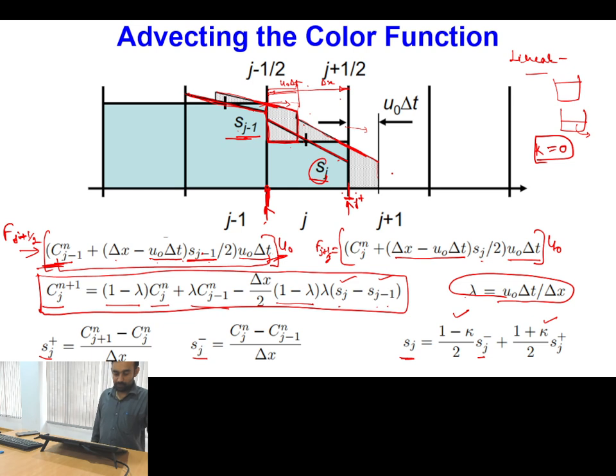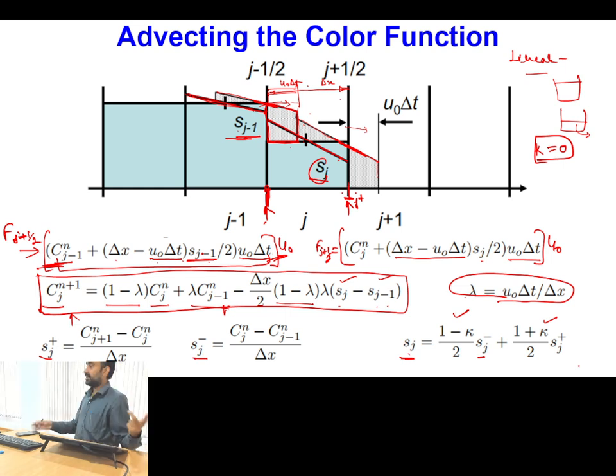So now the Python code which I have done for the piecewise constant scheme, that I will provide you. In that code only you need to do two additions. One addition is you need to use this equation, and along with this equation you also need to do extra calculation of Sj.